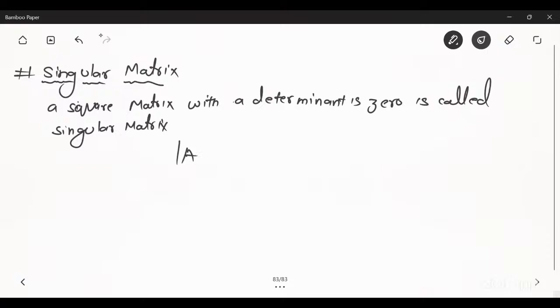That means mod A equals 0. A non-singular matrix is one in which the value of determinant is not 0.